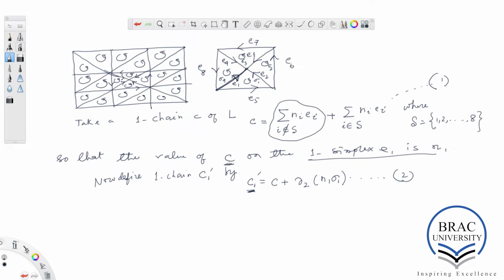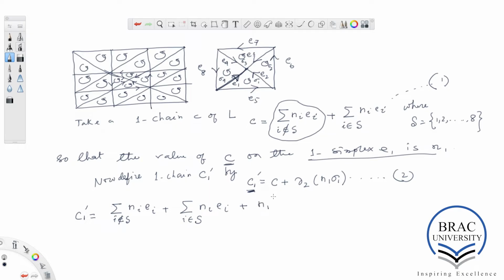Okay, so now from 2 one immediately sees that C1 prime is equal to, now just replace 1 in equation number 2 so that we get this, right? Sum over all i's that don't belong to S of Ni Ei, plus the sum over all i's that belong to S of Ni Ei, plus N1 times del 2 sigma 1.